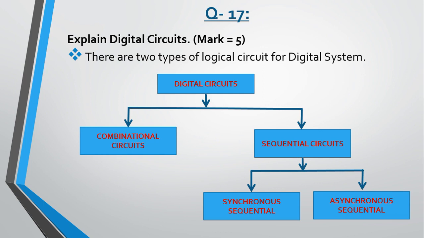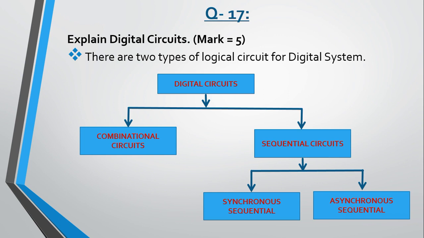So you can have two types of digital circuit, combinational and sequential.